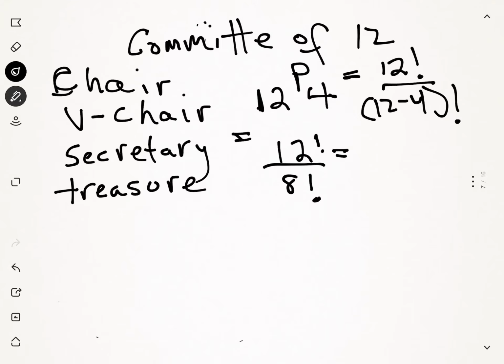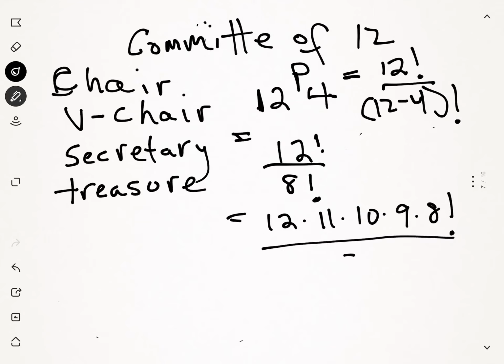Now remember what I did last time. I'm just going to multiply 12 times 11 times 10 times 9 times 8 factorial divided by 8 factorial. They cancel.